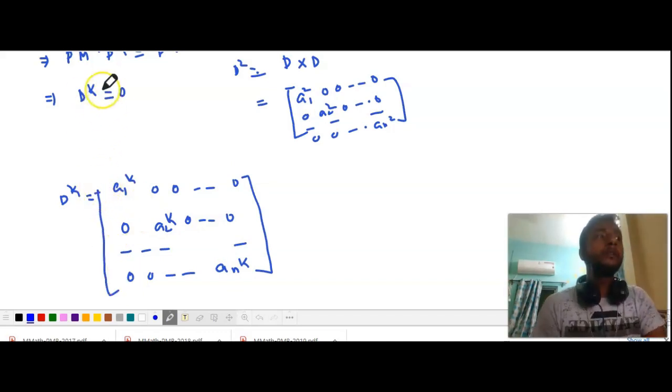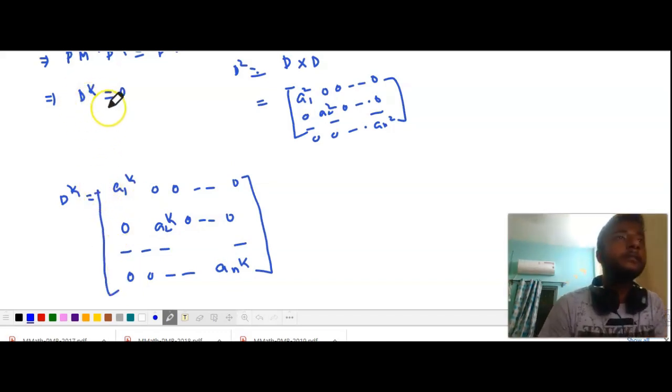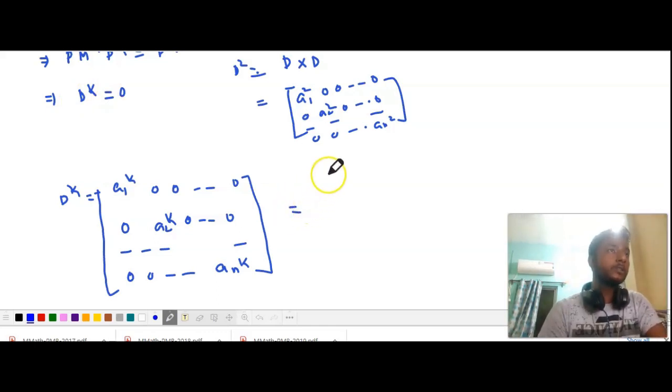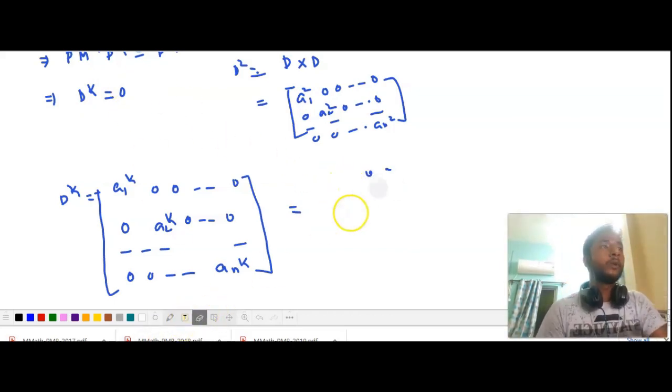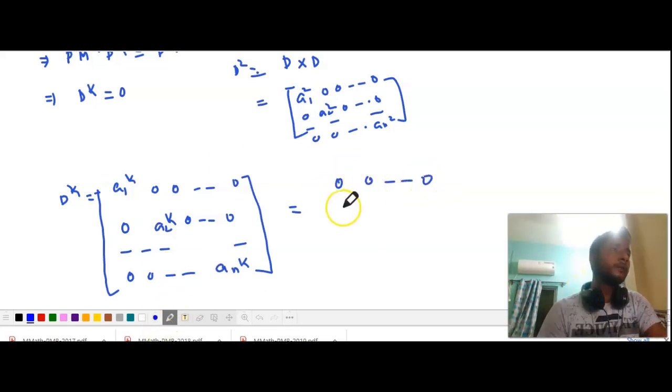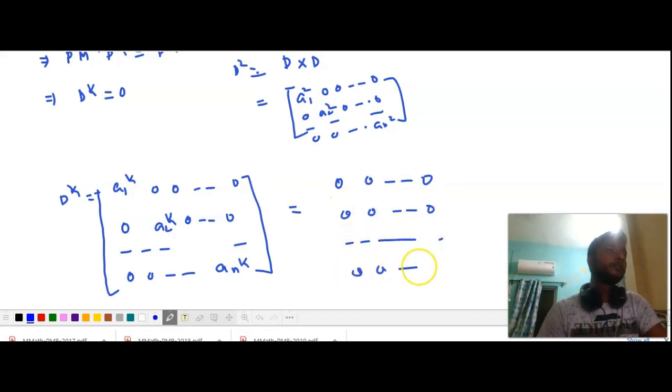And what is given to us? D to the power k is 0. So we equate this with the zero matrix, with all entries 0.